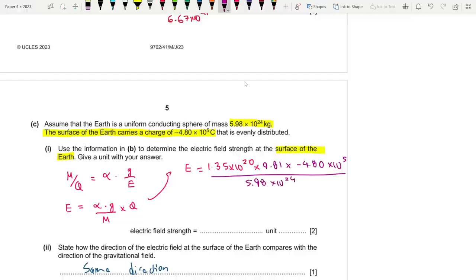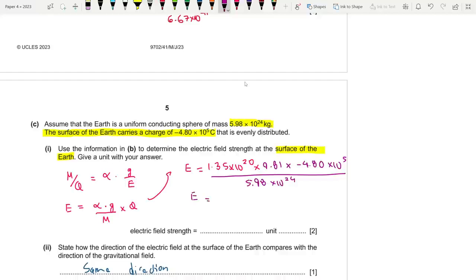Okay, so 1.35 into 10 to the power 20 times 9.81 times minus 4.8 into 10 to the power 5 divided by 5.98 into 10 to the power 24. So that gives us an answer of E is equal to minus 106.